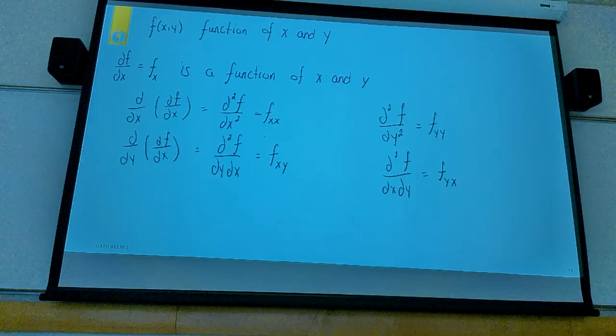I don't know how many of those are distinct. I'm not going to try and find out. But you get the idea. So an n-variable function would have n to the m mth order partials. Not all of them would be distinct. But also, generally speaking, more than half are distinct.